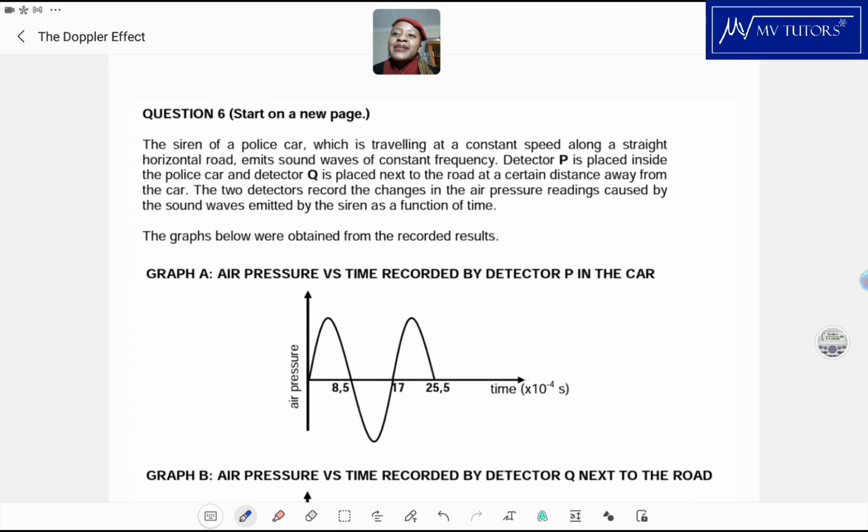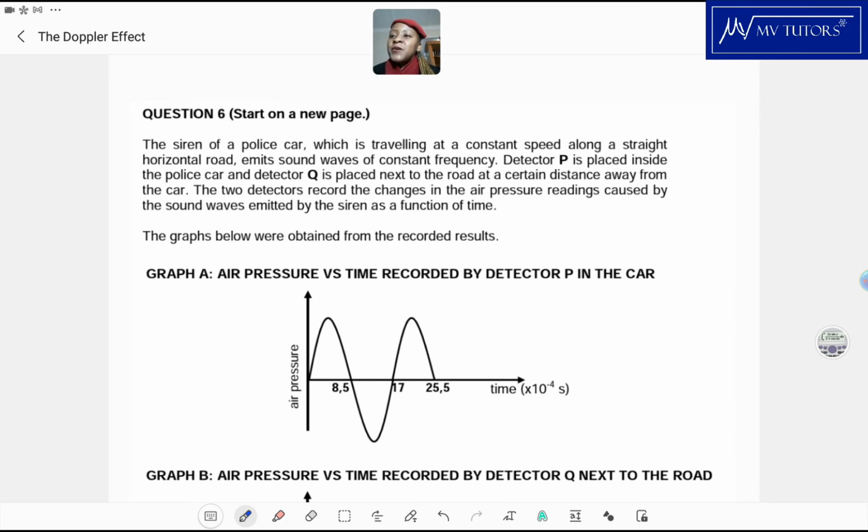All right, detector P is placed inside the police car, and detector Q is placed next to the road at a certain distance away from the car. The two detectors record the changes in the air pressure readings caused by the sound waves emitted by the siren as a function of time. The graphs below are obtained from the recorded results.